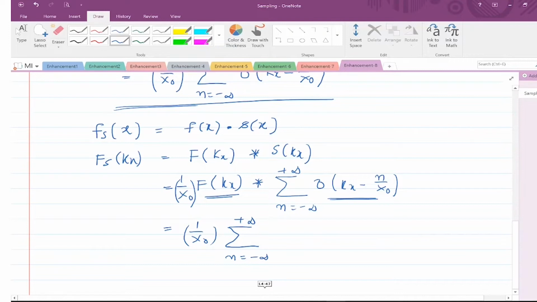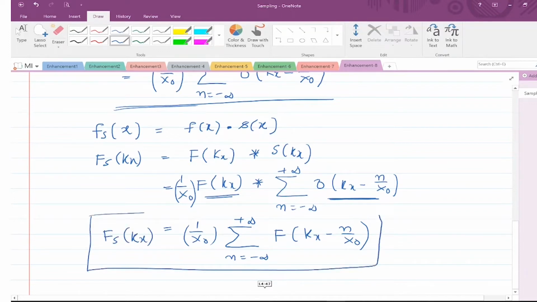This I could take inside, and then convolution with a delayed impulse would eventually delay my signal by the same value. This would be the expression for the Fourier transform of fs of x.